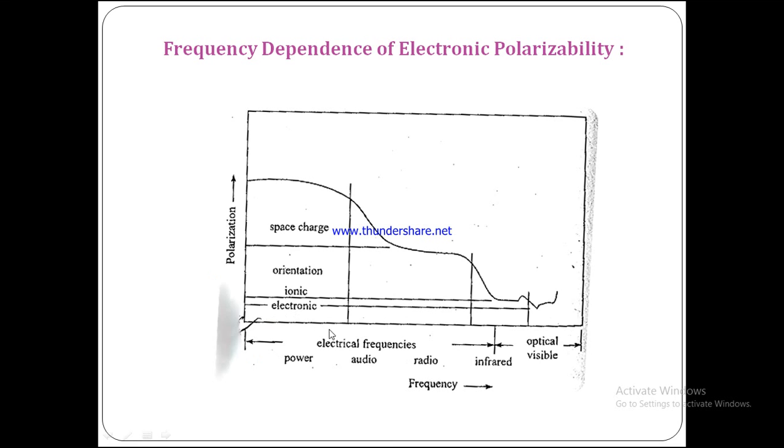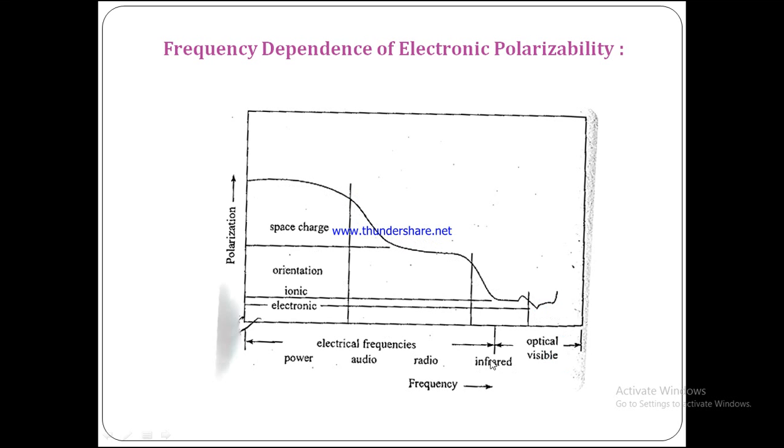When the power frequencies are considered, we get the highest level of polarization, and when we come from power to optical visible frequencies, the polarization level goes on decreasing, up to electronic polarization, which is the lowest type of polarization and occurs at optical visible frequency.